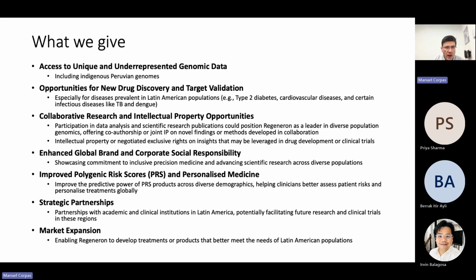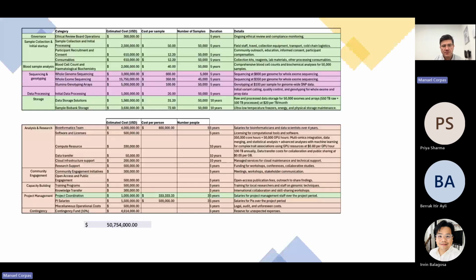Also, participation in data analysis and scientific research, as well as intellectual property, enhanced global brand and corporate social responsibility, as well as improved models for prediction of risk in genetic contributions to disease, as well as strategic partnerships and market expansion to those specific regions.